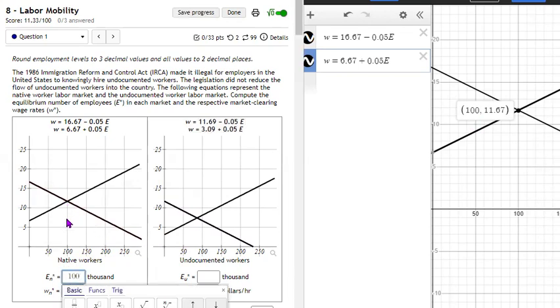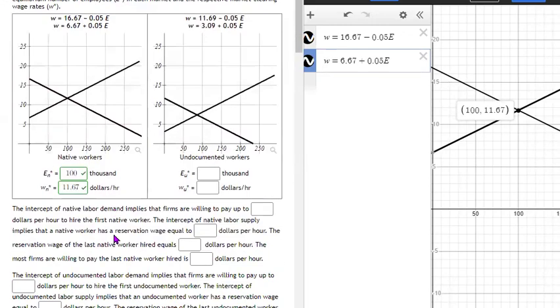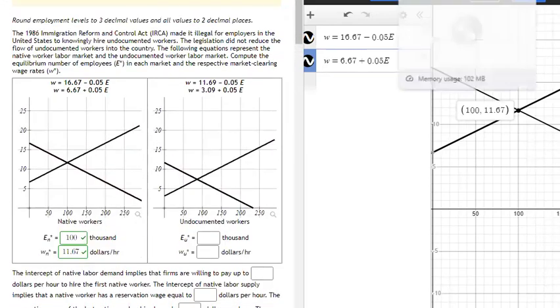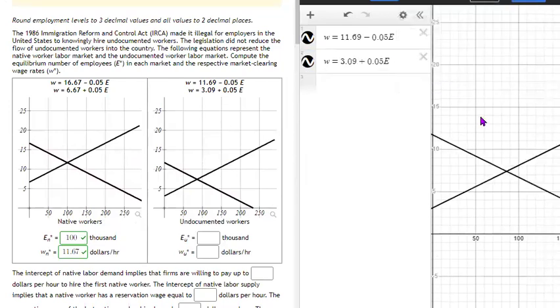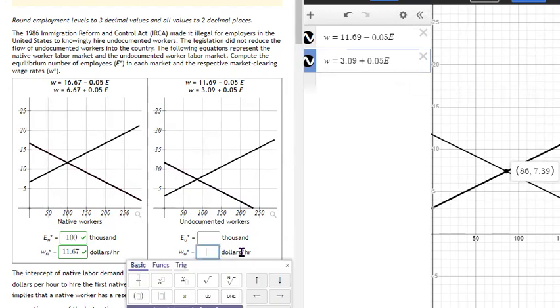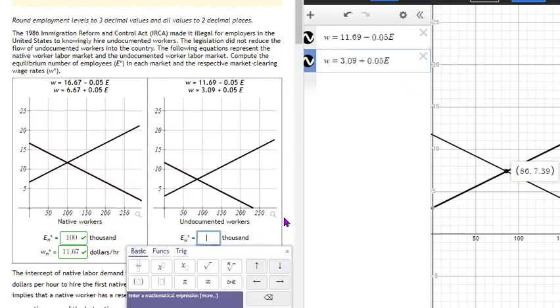Because they cross right at 100 here. And then a market wage of 1167. Okay, now for the undocumented workers, we have a market wage of 739. And we have an employment level of 86. And these are in thousands.